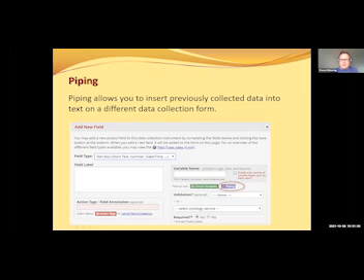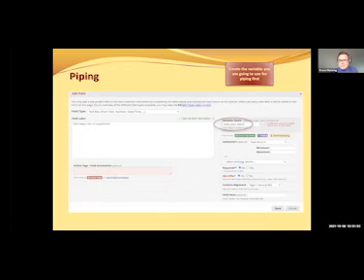You'll see right here, and you've seen it before, that when you add a new field, add a new variable, there's two buttons right here: how to use smart variables and piping. If you click how to use piping, it will take you to a section that will tell you all about it. But just as a brief overview, we're going to do a simple piping example.